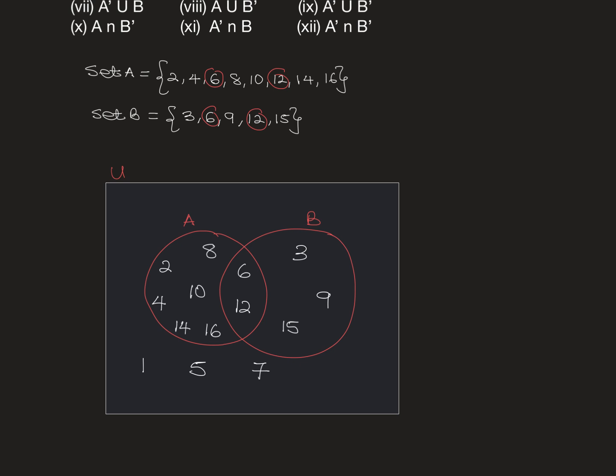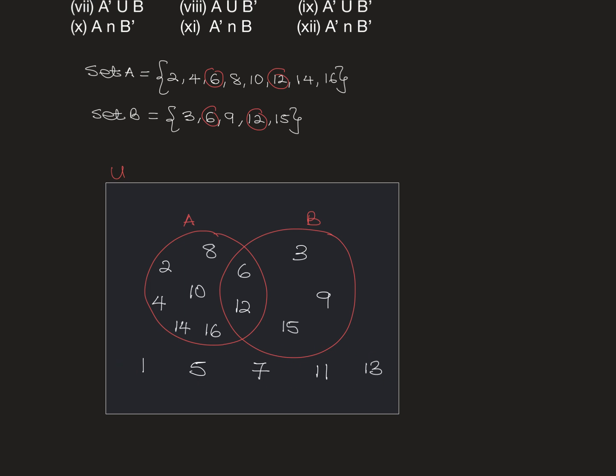Is 8 there? Yes. 9 is there. 10 is there. 11 is not there. We have 12. Is 13 there? No, so we have to write 13. We have 14 there, 15, 16. So this is the Venn diagram. All right. Members of A, members of B, members that are not in A and B.